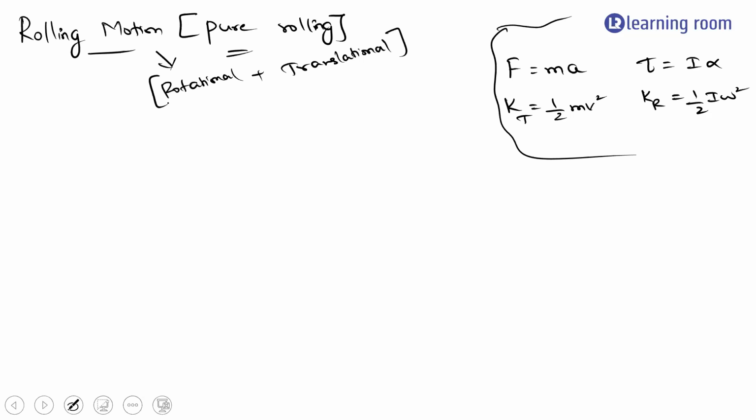If that kind of motion is achieved, you call it pure rolling motion. When will you call it pure rolling motion? When there is no slipping of the object taking place. I told you about skidding, right? But skidding in physics is called slipping. So when the object is not slipping during the translational motion and it has continuous rotation and translation, then you call that kind of motion pure rolling motion.